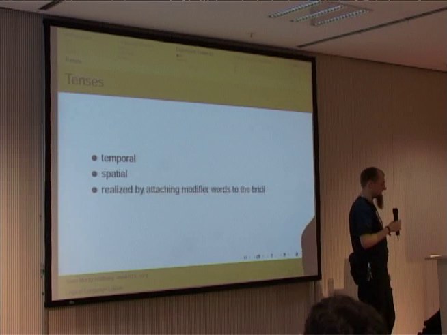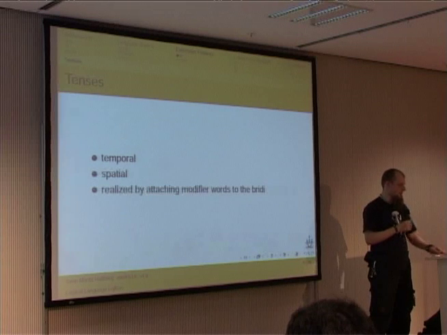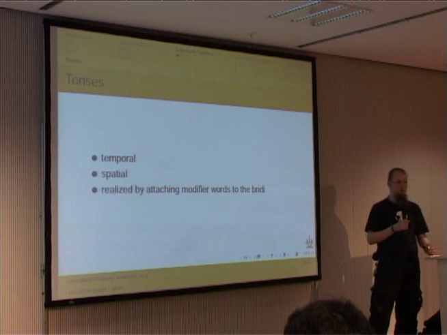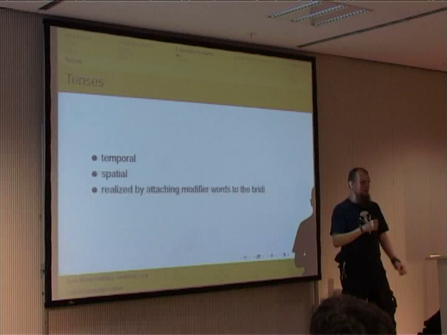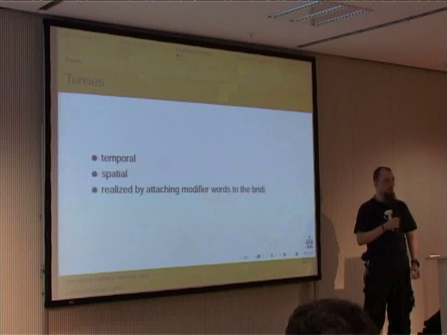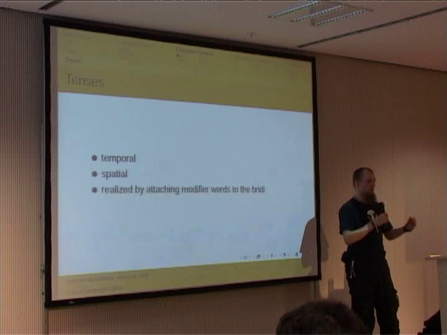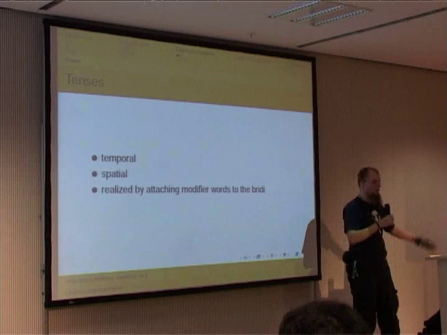I'm just not going to explain it here for reason of time constraints. The way this works is, again, you attach a modifier word to the bridi, which means this relation that you're thinking about. Whatever is in the relation is in this relation in some other time or some other place.